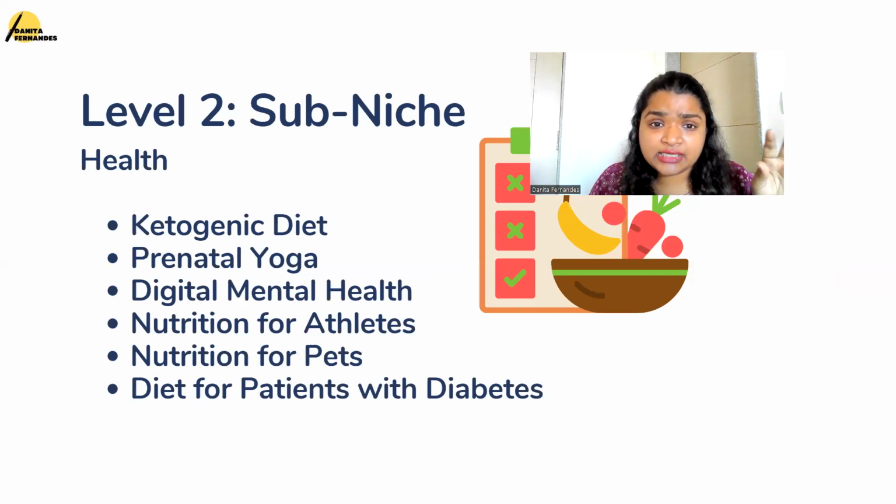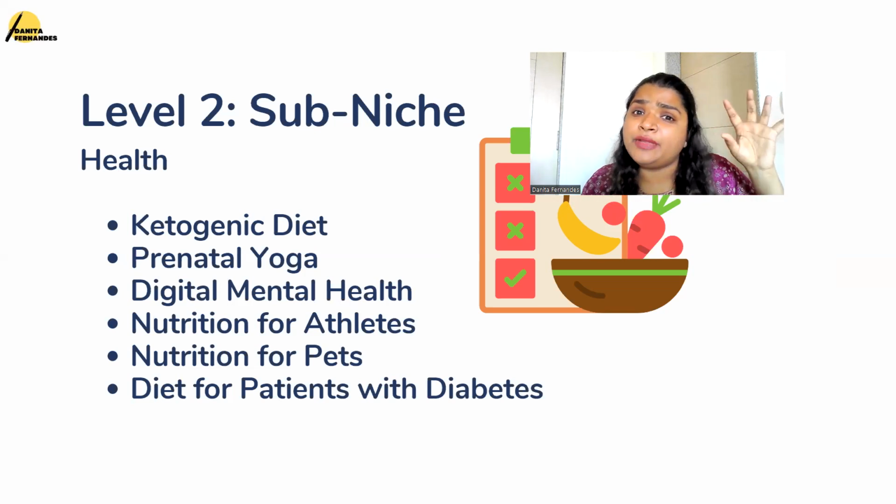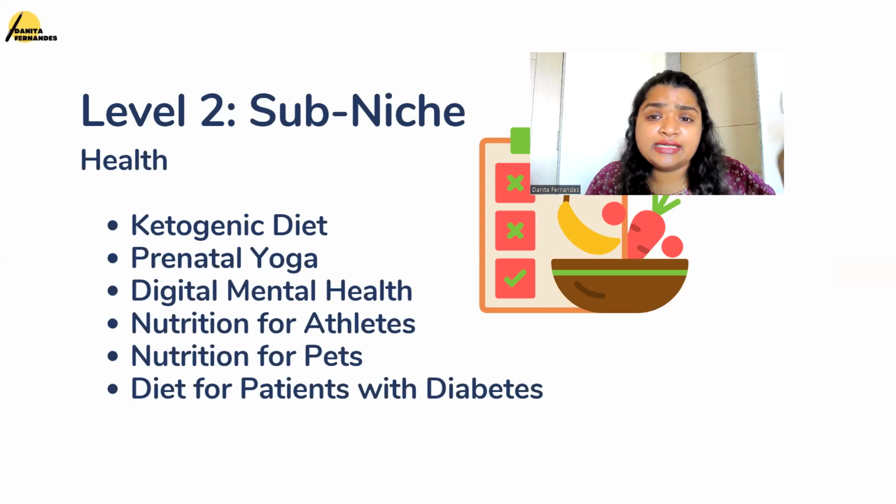With the niche, it was a broad category, but in this broad category, there are many channels. Suppose my prospect is in the health niche. He can be a fitness trainer, he can be a digital mental coach, he can help people with certain types of illnesses, he can help pets, people with diabetes, or athletes.